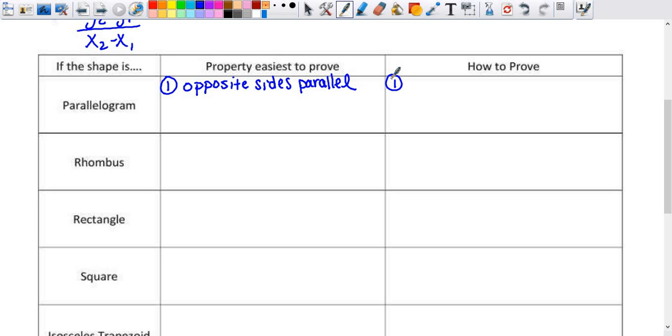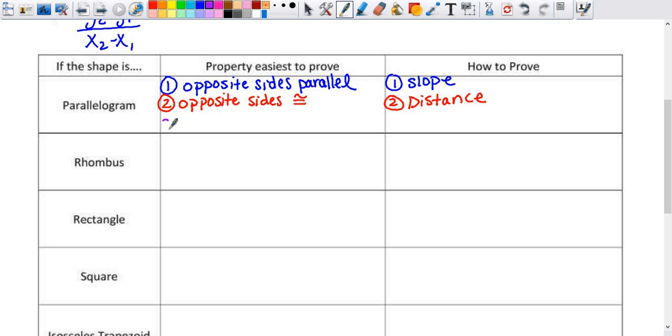That would prove that a shape was a parallelogram. And remember, if we're doing parallel sides, we'd be looking at slope. And we'd be wanting those slopes to be the same if they were on opposite sides. The second one would be opposite sides congruent. And if we're finding if 2 different sides are the same length, you would use distance. So these 2 are probably the first ones you're going to think of, but a little bit more tedious.